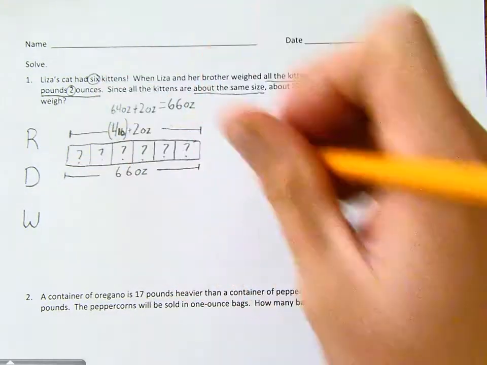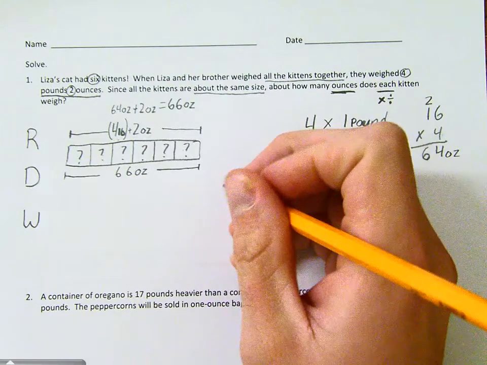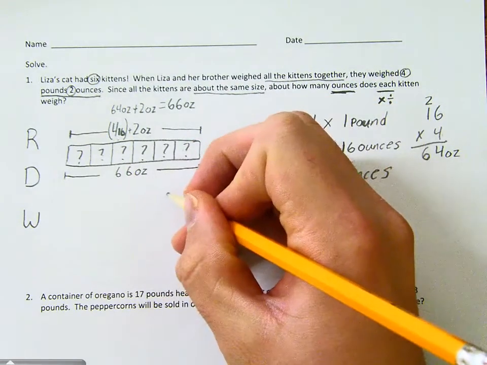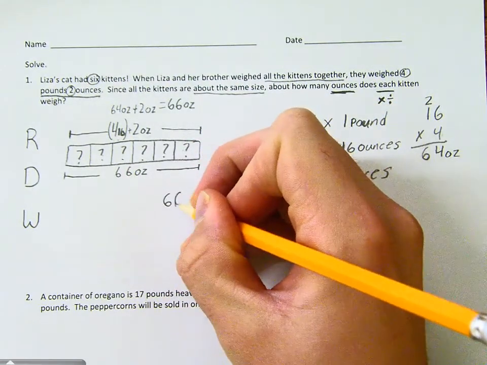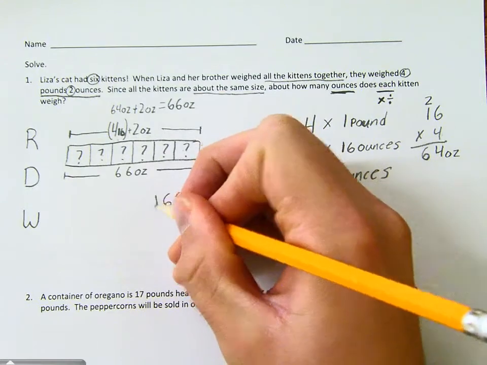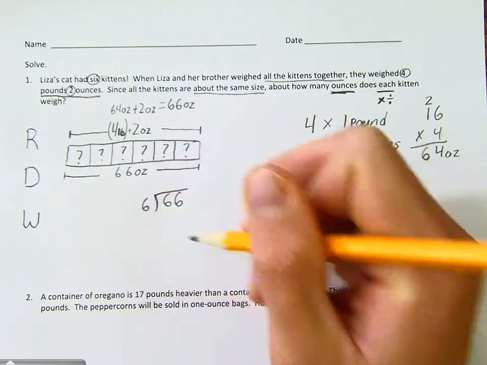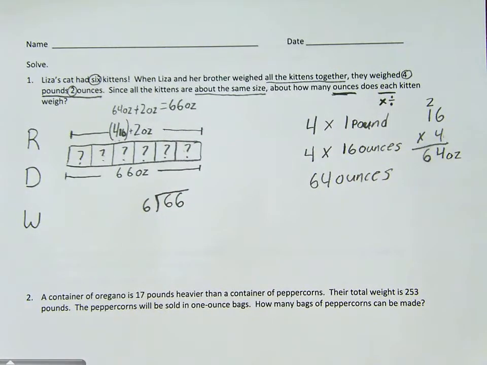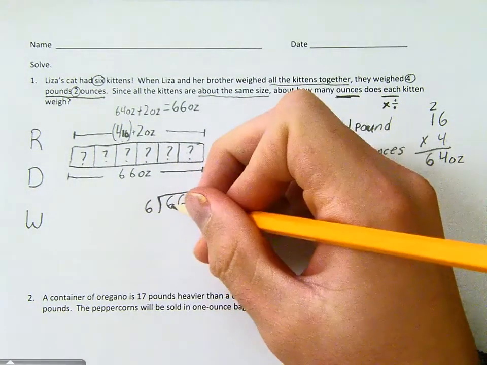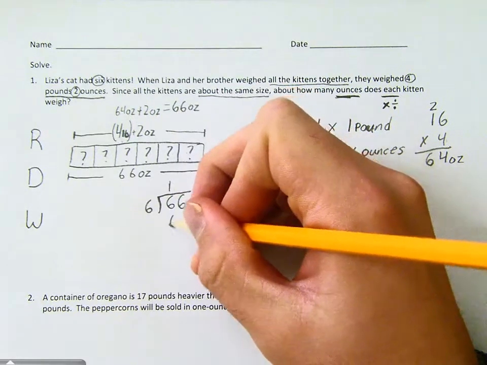So I'm going to need to divide 66 by the number of kittens, which is 6. So how many times does 6 go into 6? 1. That goes in evenly.